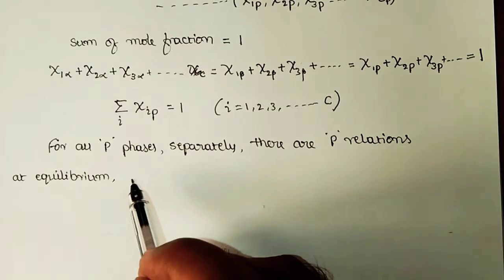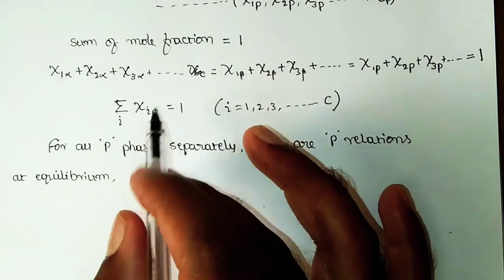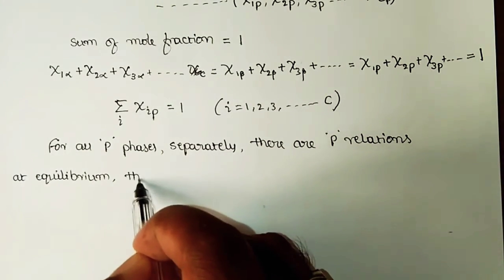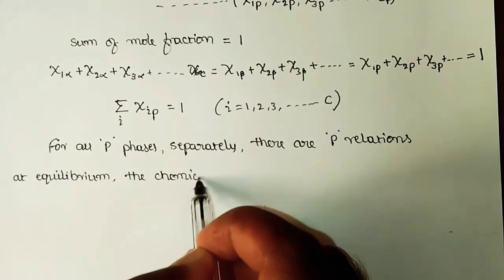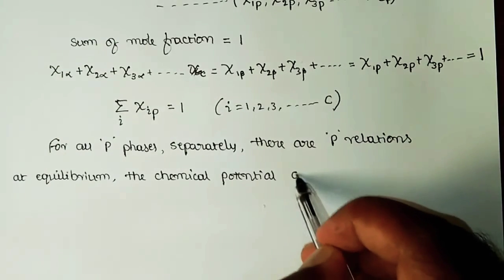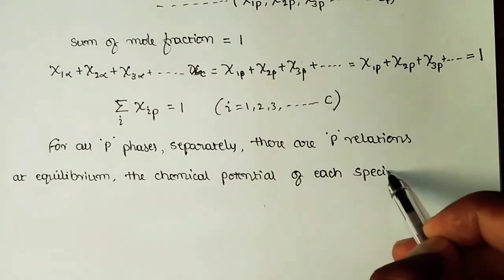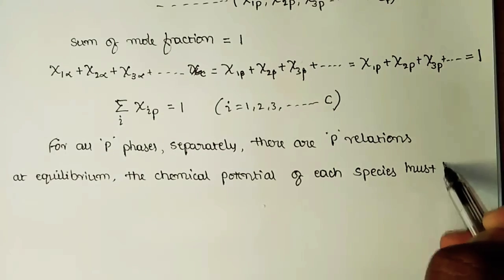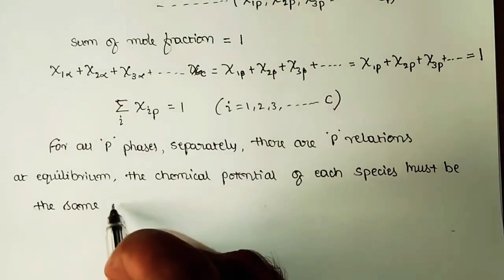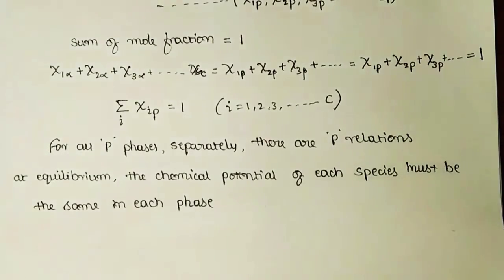If you consider the state of equilibrium, at equilibrium, the chemical potential of each species, that is, with respect to each component, must be the same in each phase. There should be no change in the potential of the component.